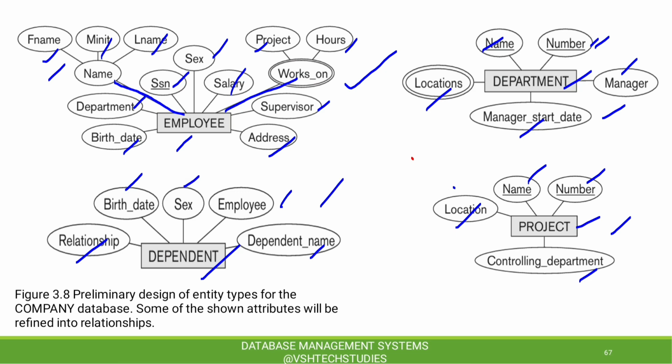So this diagram shows the dependent entity along with its attributes. So this is the preliminary design of entity types for the company database. Okay. Here no relationships are shown. When this diagram is developed further, then relationships will be shown as per the company database description.